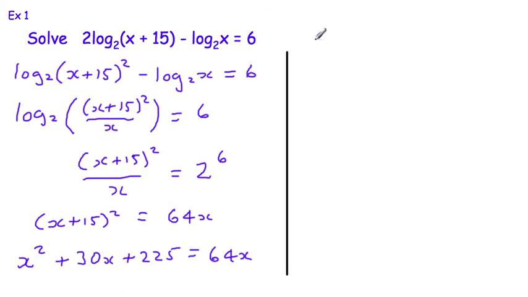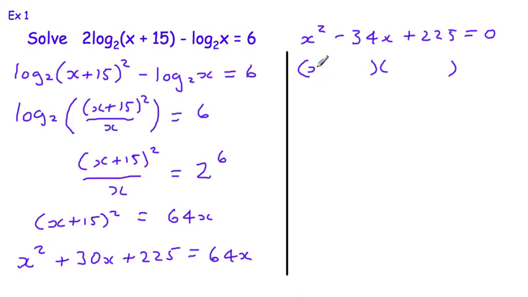Now bringing the x's to the left hand side, I've got x squared plus 30x minus 64x is minus 34x, plus 225 equals 0. And this factorizes.